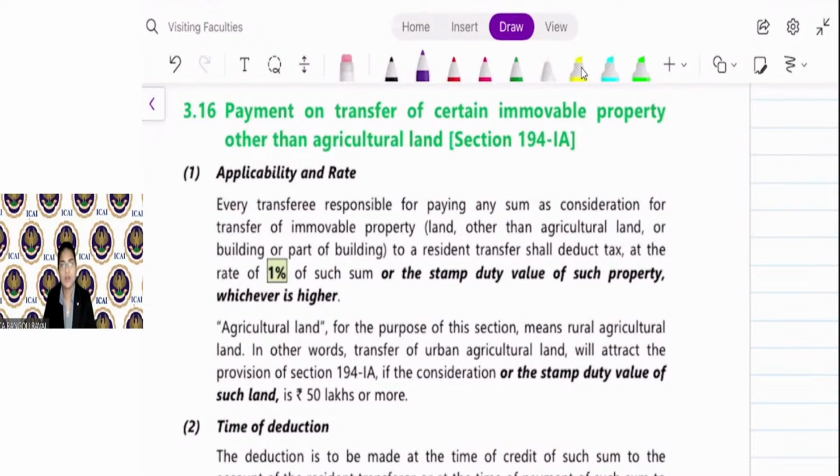Okay, next section is payment on transfer of certain immovable property other than agricultural land.